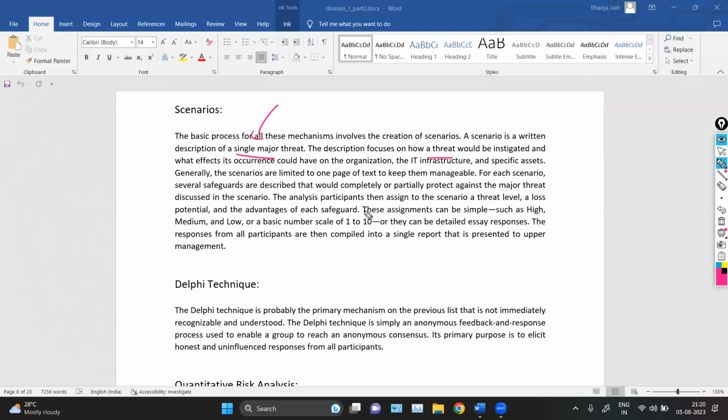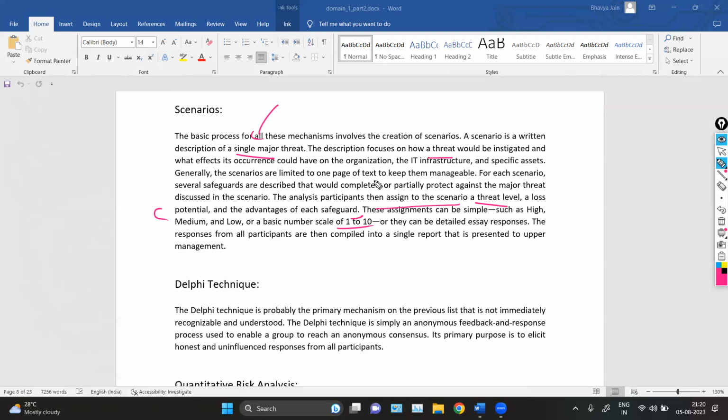The analysis participants assign to a scenario a threat level, a loss potential, and the advantages of each safeguard. These assignments can be simple, such as high, medium, low, or a basic number from 1 to 10, where you are prioritizing the risk in terms of qualitative risk analysis. So you are prioritizing which threat is high, which is medium, and which is low. And then you are training your employees.